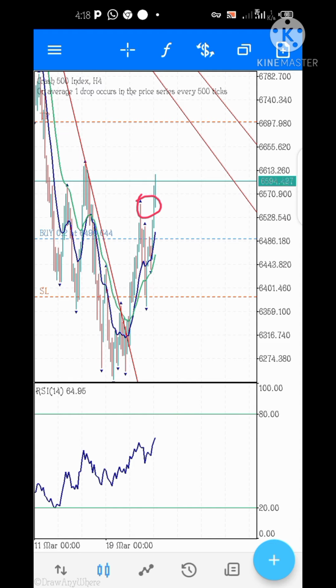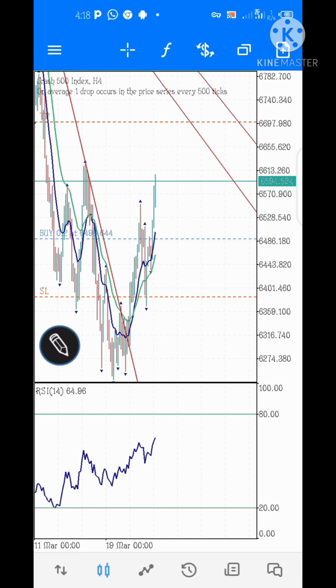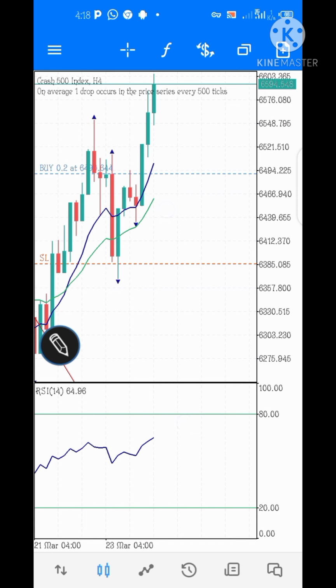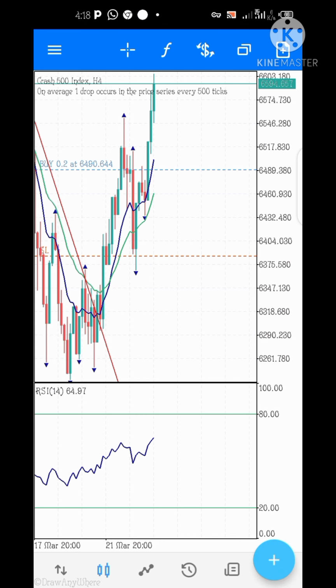What I use this fractal for is the final confirmation before I enter a trade. If after analyzing the trade I want to enter a buy trade here like I did, I will wait for this fractal to form before entering the trade.